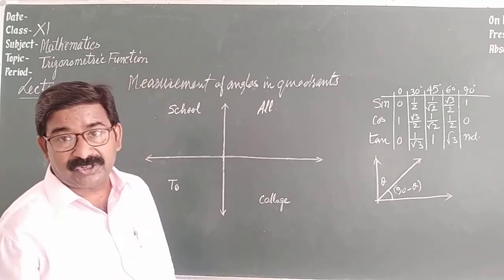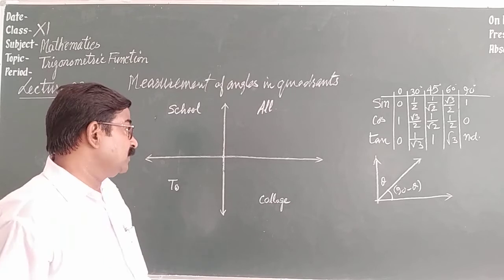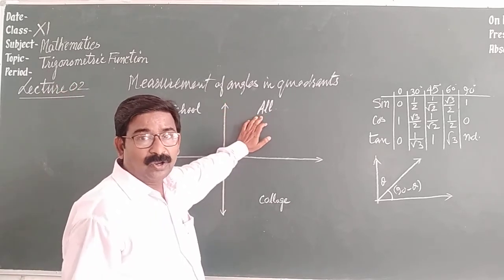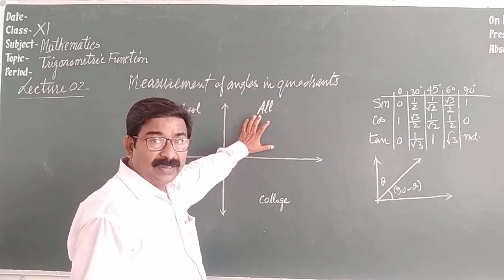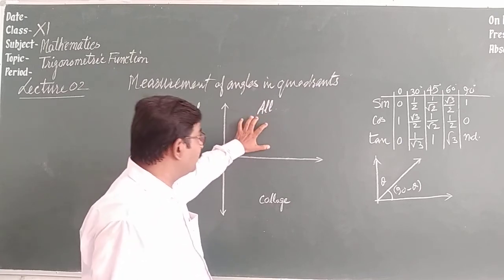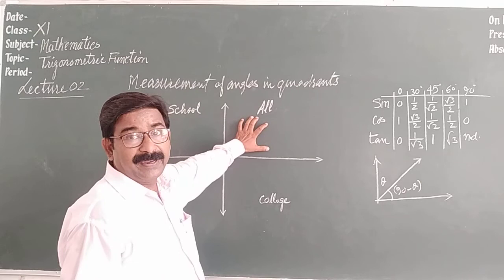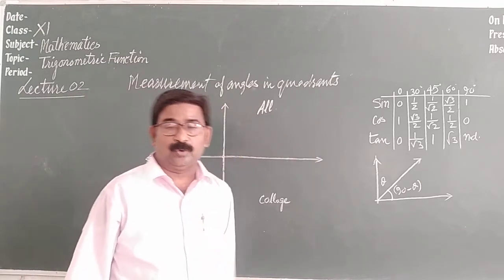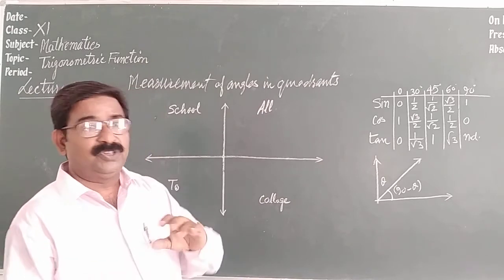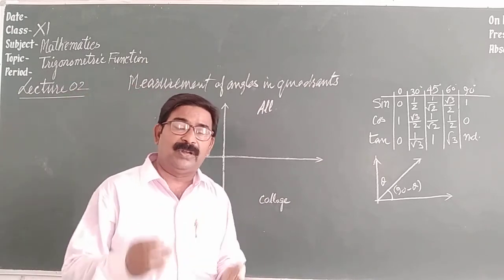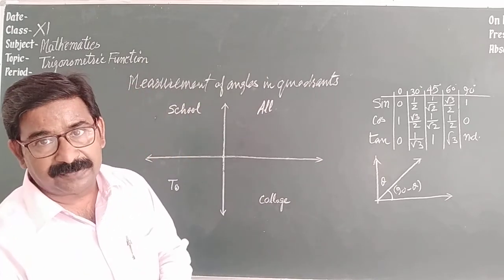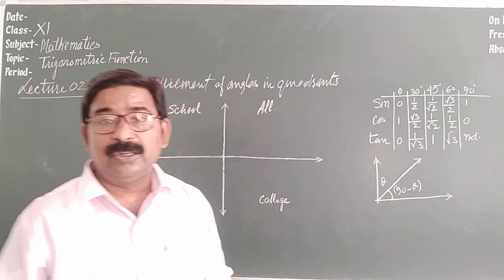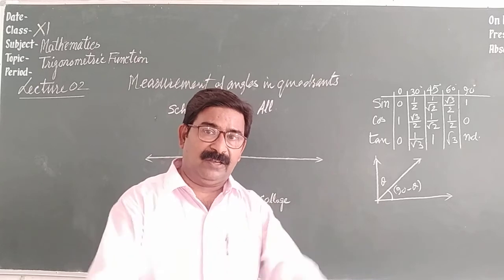Which is not mentioned, that is negative. So in first quadrant, all angles provide always positive value with all ratios. Means between 0 to 90 degree, the values of sine, cos, tan, cot, sec, cosec, you will have all positive.